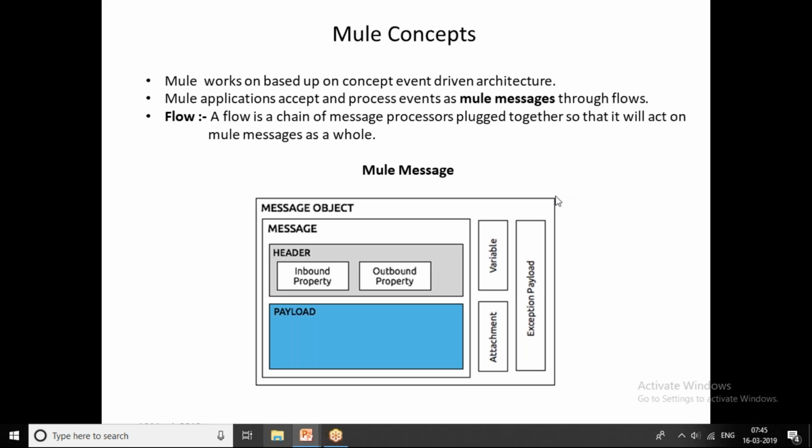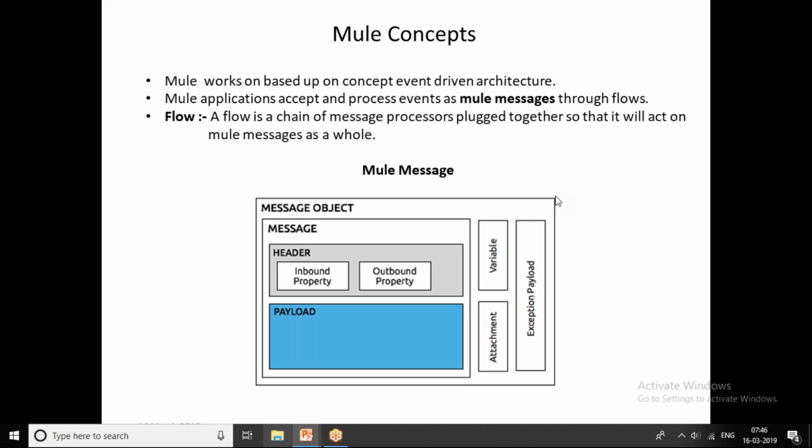You are seeing a Mule message diagram here. In that diagram, you're seeing a message object as the outer boundary, right? As a wrapper of all these diagrams, you see a message object. The message object will be a Java object. As I said, it can be a stream object, an ArrayList object, or many other different objects.